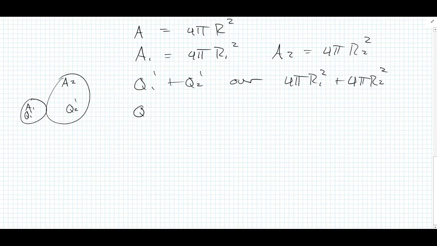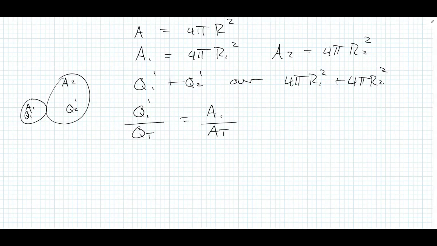The charge on the first sphere over the total charge, so this is what fraction of the total charge is on the first sphere, is going to be equal to the area of the first sphere divided by the total area. So that ratio should be the same. If the area of the first sphere is 10% of the total area, then 10% of the total charge should be on that first sphere.